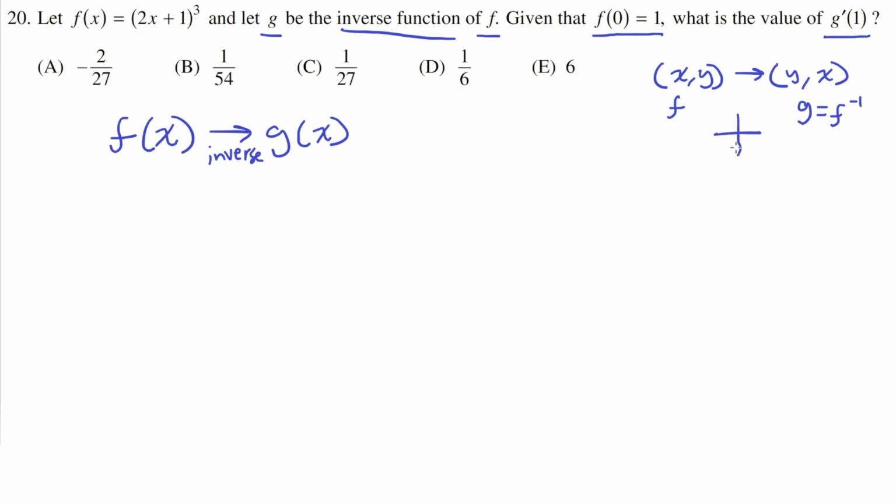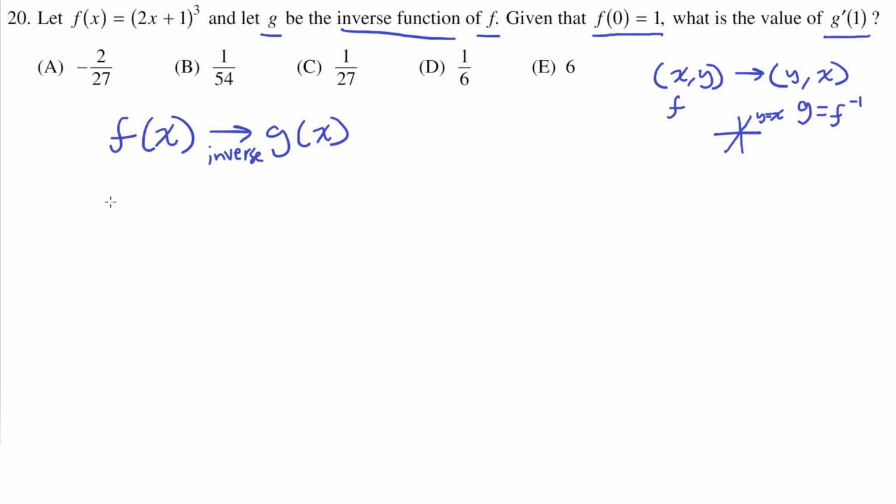This is equivalent to reflecting a graph across the line y equals x. That's what the inverse is. So if we have a parabola like this, then reflecting it gives us a parabola like this. And that's the same as reversing the xy coordinates.